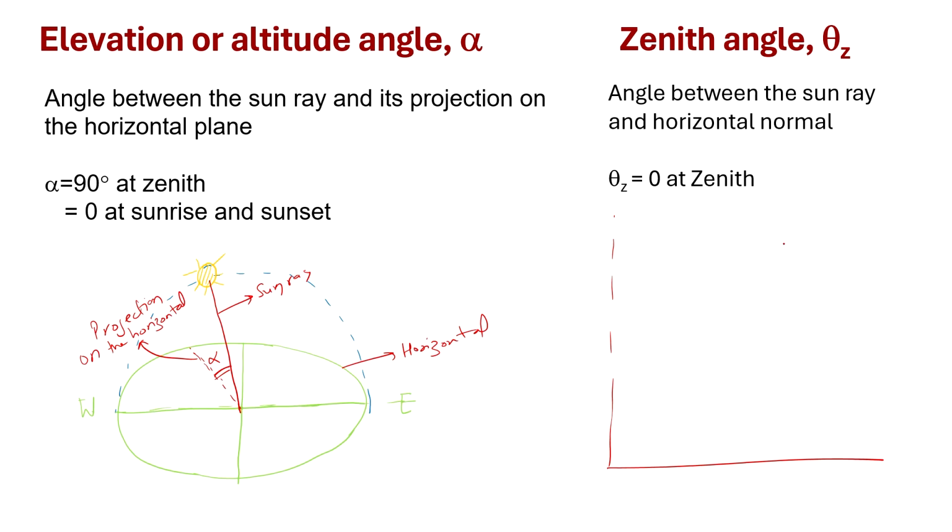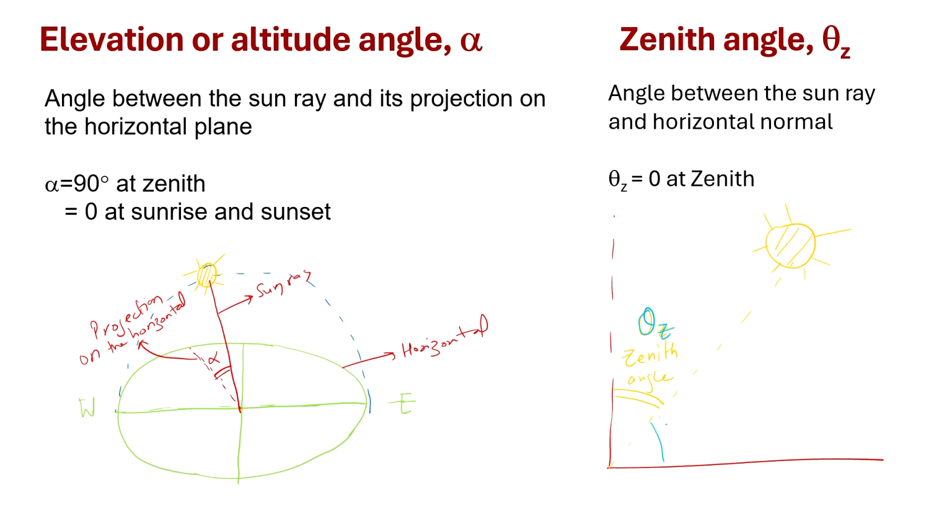So, this is our sun, okay. And let us say this is what we call the zenith angle, theta z.